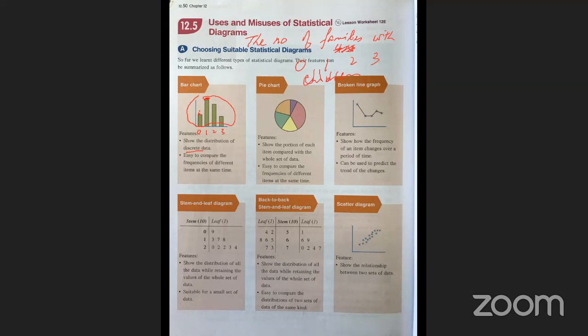If I have another bar chart, let me clear the drawing. For example, if I have another bar chart like that, then in this case this one has a different distribution, because it goes very high, then down, then up again, and then very low.